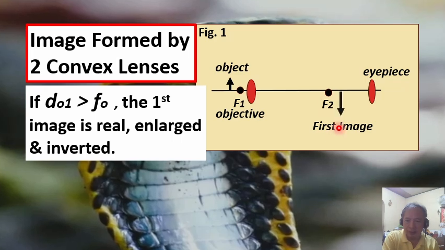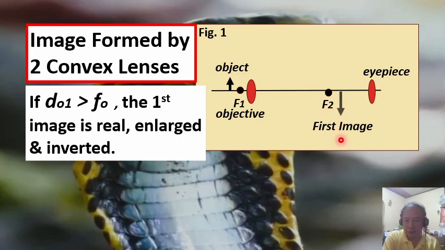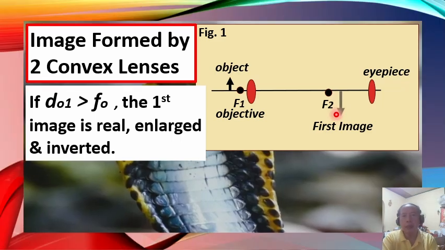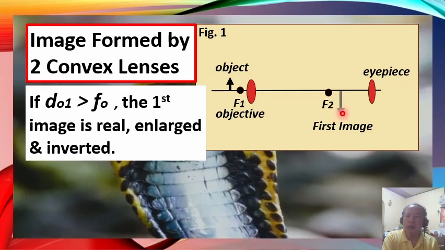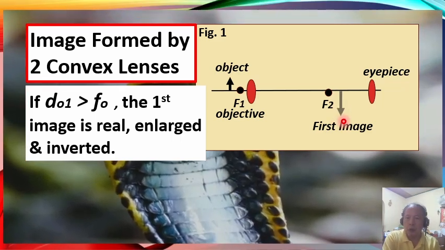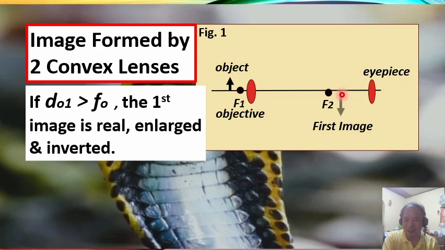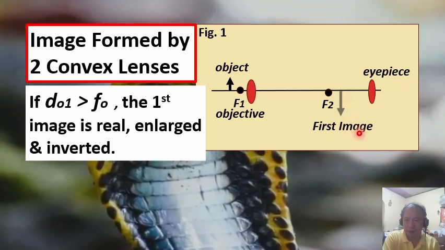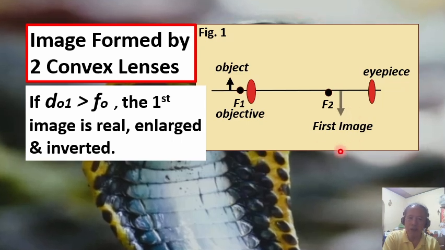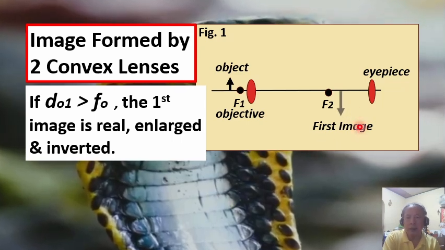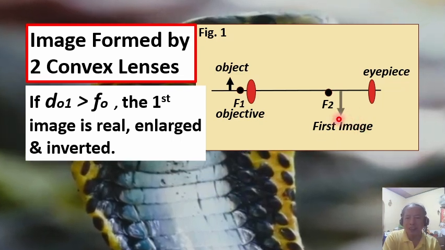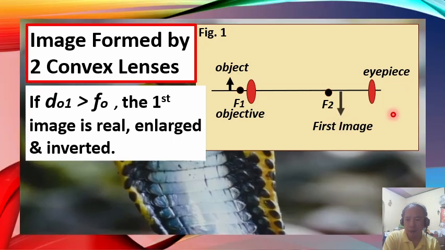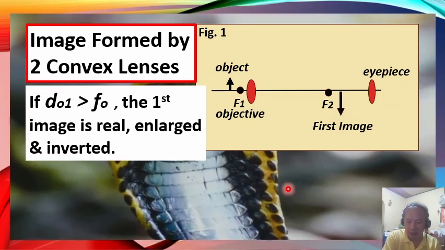And notice that the first image formed by the objective happens to be within the focal point of the eyepiece, right? And this first image becomes the object, all right, or the second object of the eyepiece.